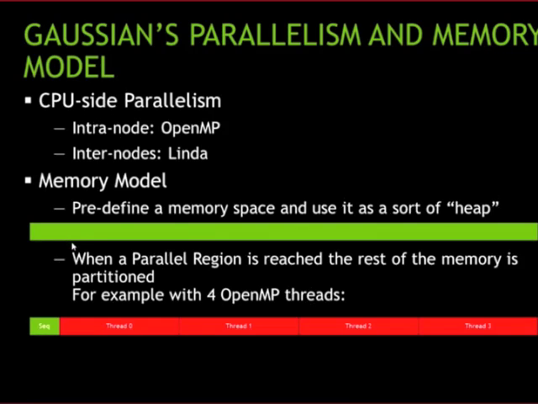When a parallel region is reached, the amount of memory between the high water mark of the sequential region to the end of the allocated memory will be subdivided by the number of threads that are going to be used in the execution. So in this slide, I'm showing an example with four OpenMP threads.